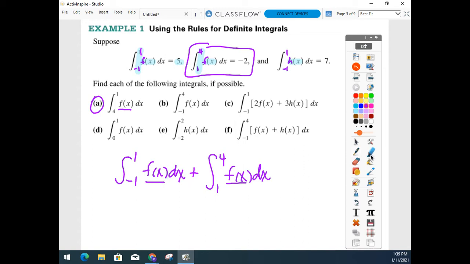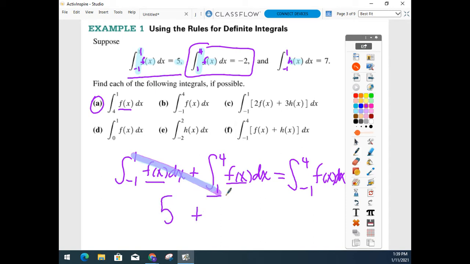And if I can match this diagonal from 1 where these are the same, this will be equivalent from negative 1 to 4. So because this has a value of 5, plus this has a value of negative 2, this has a value of 3.